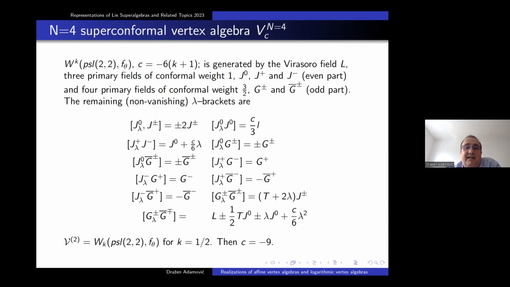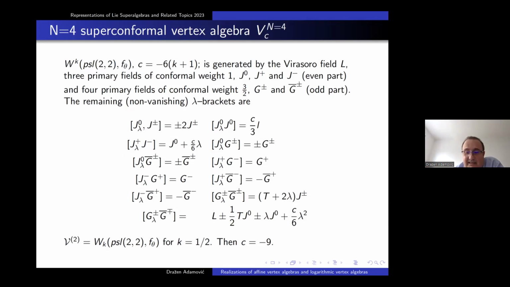This is the even part, and what does N equals 4 mean? We have 4 primary vectors of conformal weight 3 half, G plus, and they satisfy the following lambda brackets. This is Kac's lambda bracket notation, which can be transferred to commutation relations. So this is a nontrivial Lie superalgebra, infinite dimensional.